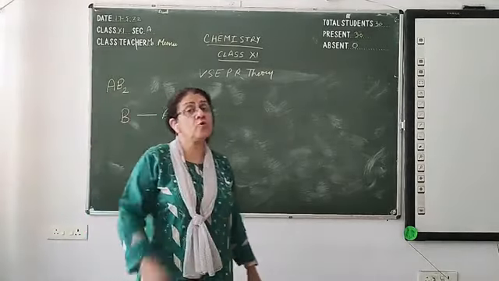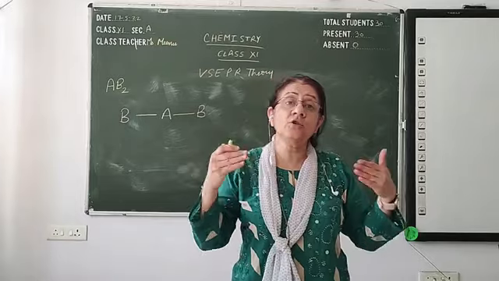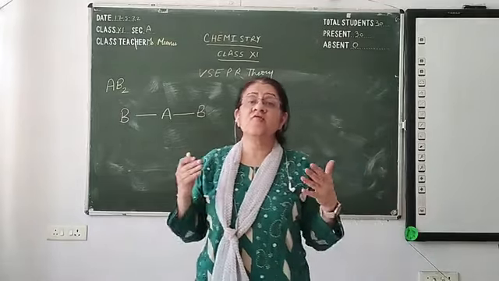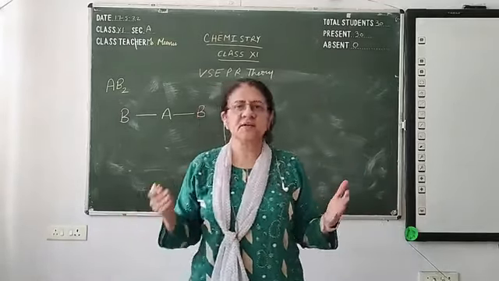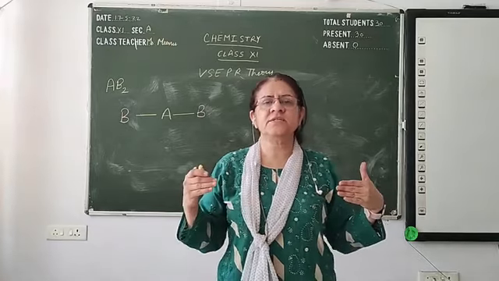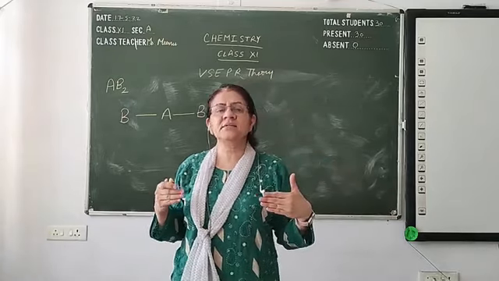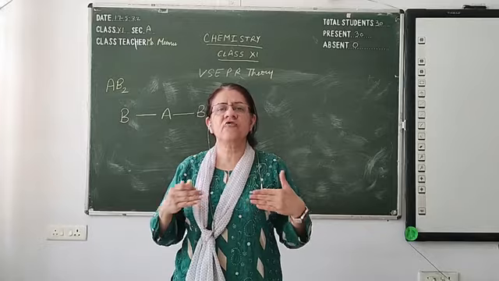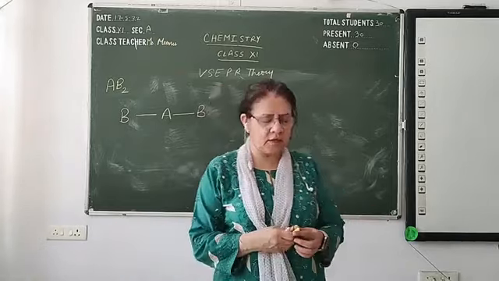So there are two bond pairs, and how will these two bond pairs try to arrange themselves? They will try to arrange themselves so that they are as far apart as possible.